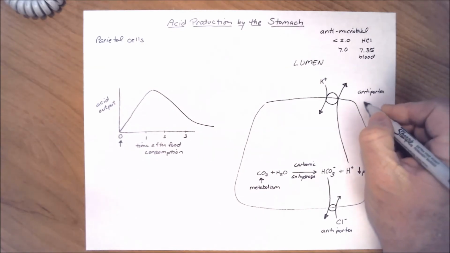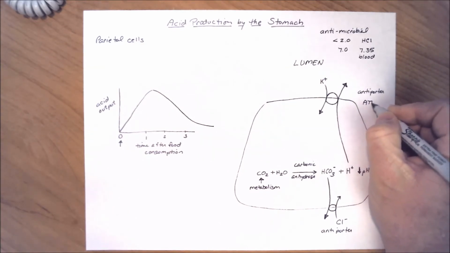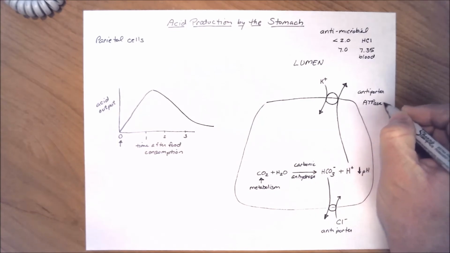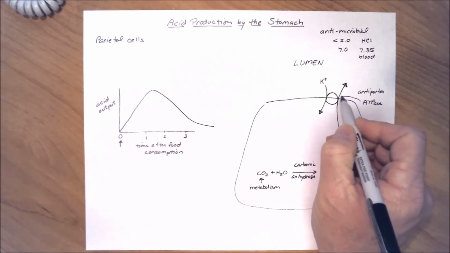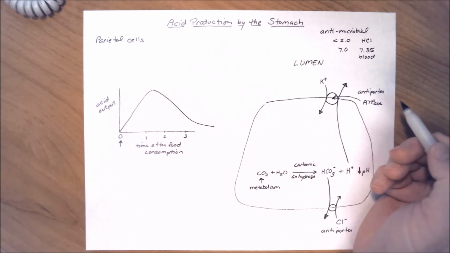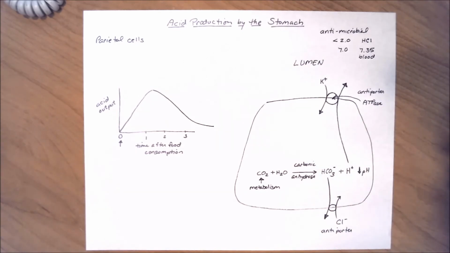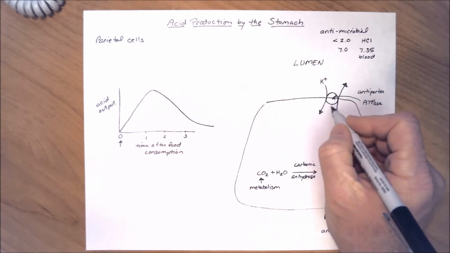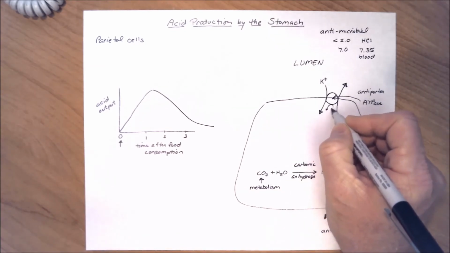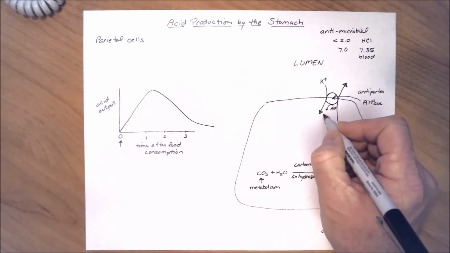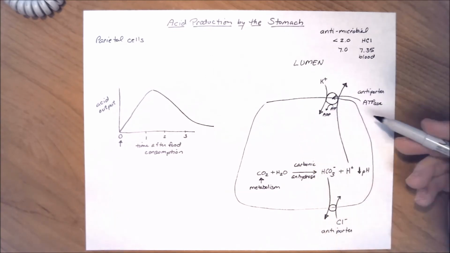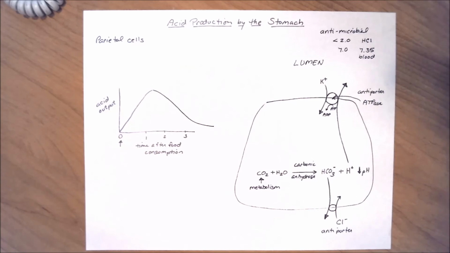We are going to couple this with ATP hydrolysis. So this transporter is a potassium proton ATPase. That means we couple the hydrolysis of ATP to ADP to drive this process.